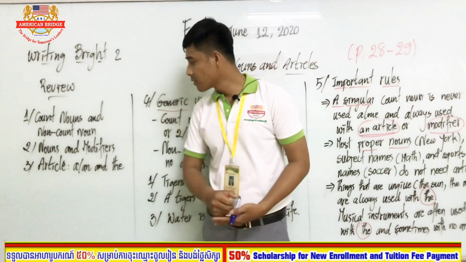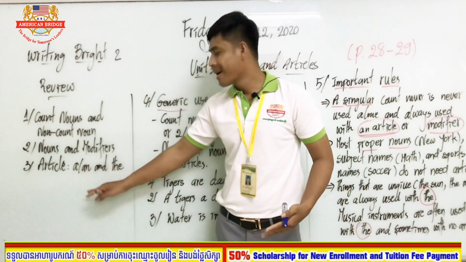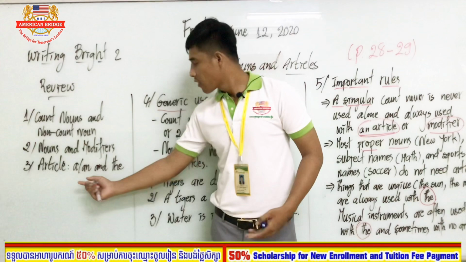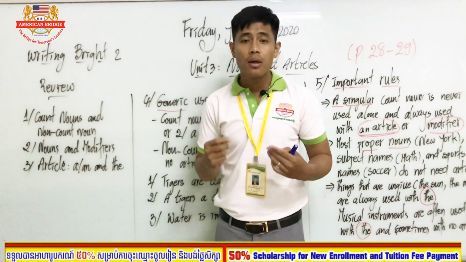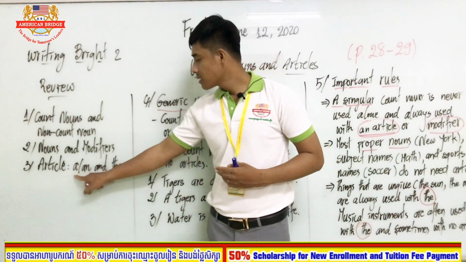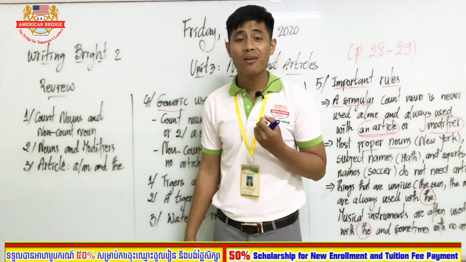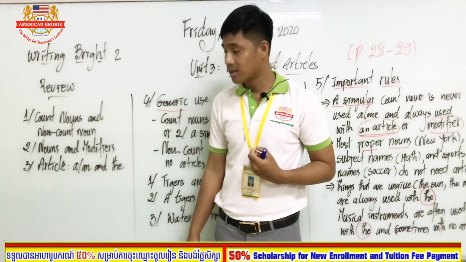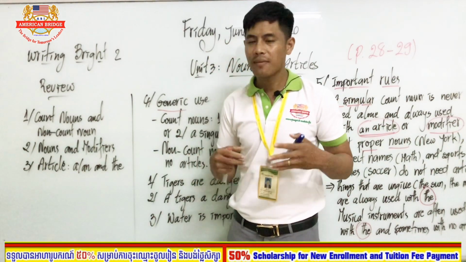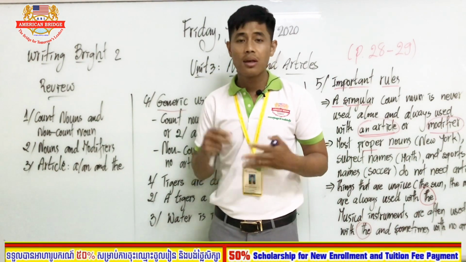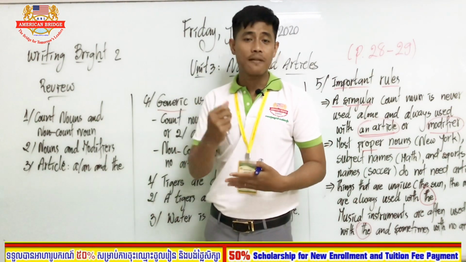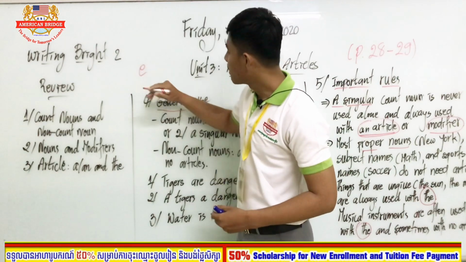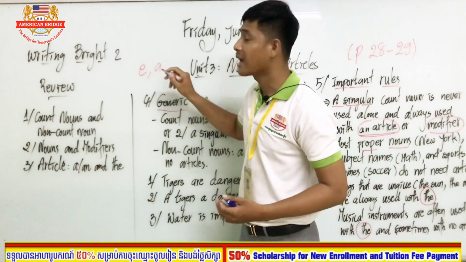Good. Number 3, articles a, an and the. We have learned already about a, an and the, right? So a is used with a singular noun, but used with the words or nouns that start with a consonant sound, the first letter starting with a consonant. And an is used with nouns that start with a vowel sound. For example, the word that starts with the letter A, like apple.